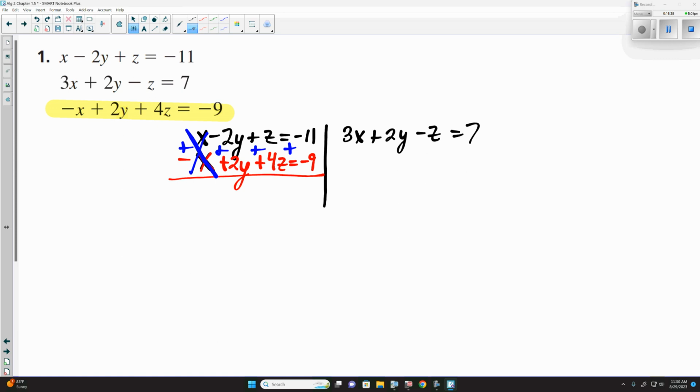Then we move on to the next one, negative 2y plus 2y, 0. And lastly, z plus 4z is... negative 11 plus negative 9 is... because we're adding two negatives together, so we'll get a bigger negative.